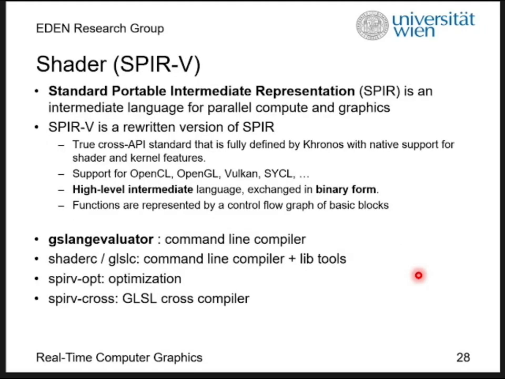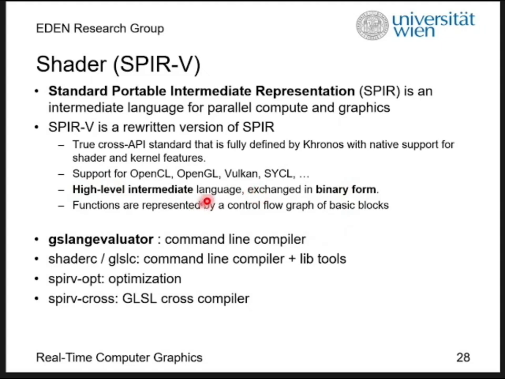And then SPIR-V is the standard portable intermediate representation language for Vulkan. It's a cross API standard, fully defined by Khronos, with native support for shader and kernel features. You can use it for OpenCL, for instance, for compute stuff, OpenGL, Vulkan, SYCL, whatever.